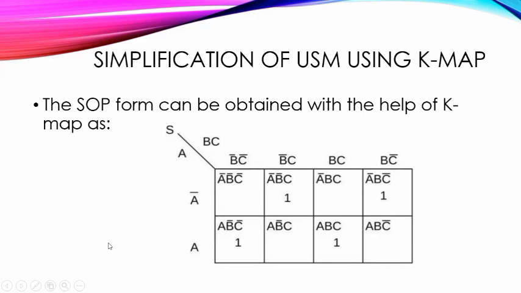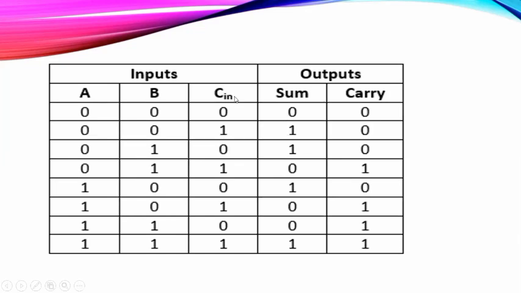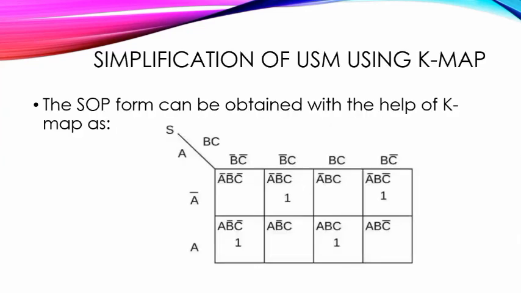If you can see, there it is having only 3 variables. So A, B, C are the inputs. So using 3 variables, if you want to build a K-map, it will be having 8 boxes, which is A bar, A, and BC. This is 0, this is 1, this is 2, and this is third box. This is 4, this is 5, this is 6, and this is 7.